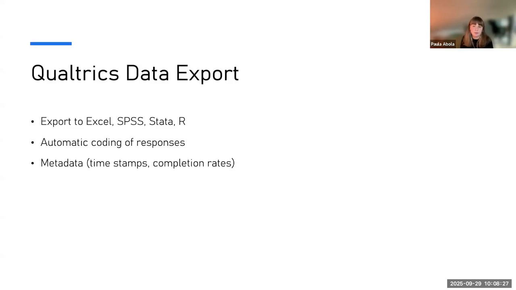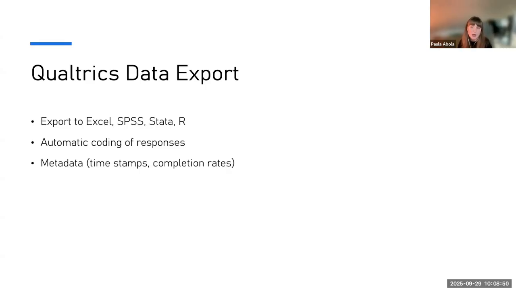And once your survey is complete, Qualtrics lets you export data directly to Excel, SPSS, or Stata. And responses are automatically downloaded, and you can include metadata such as start time, completion time, or even dropout rate if you're interested in that. And on the further slides, I will show you how the data looks after export and after I clean it up.